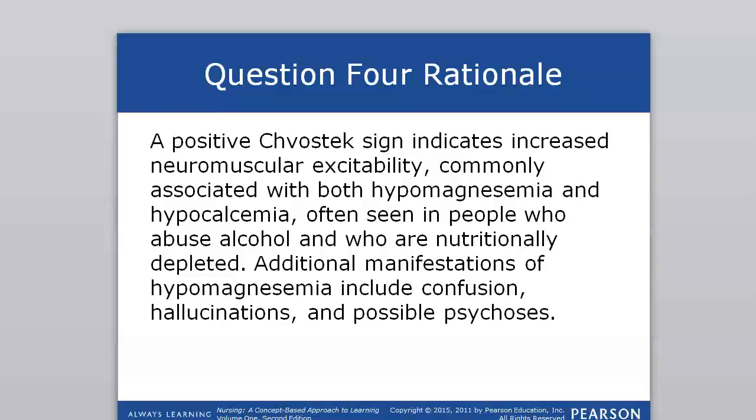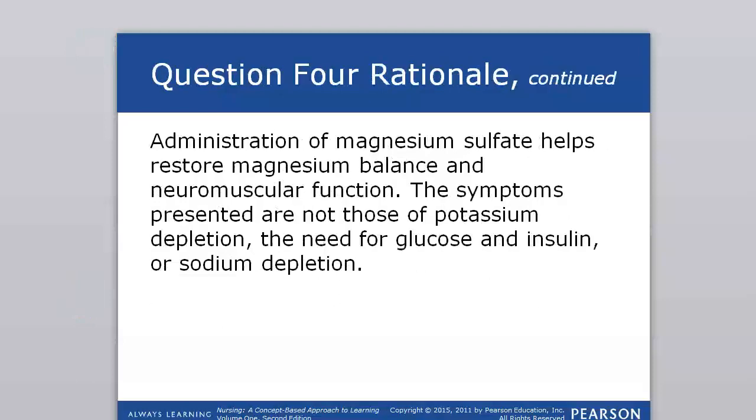Additional manifestations of hypomagnesemia include confusion, hallucinations, and possible psychoses. Administration of magnesium sulfate helps restore magnesium balance and neuromuscular function, and the symptoms presented are not those of potassium depletion and the need for glucose and insulin, or sodium depletion.